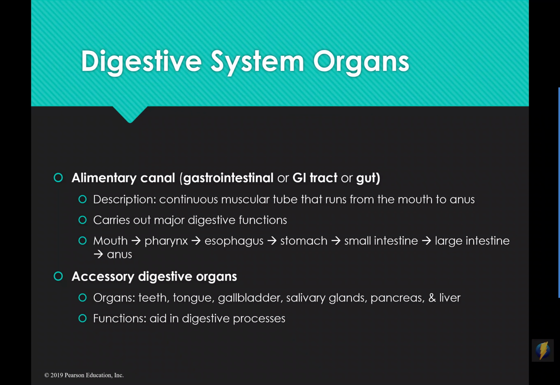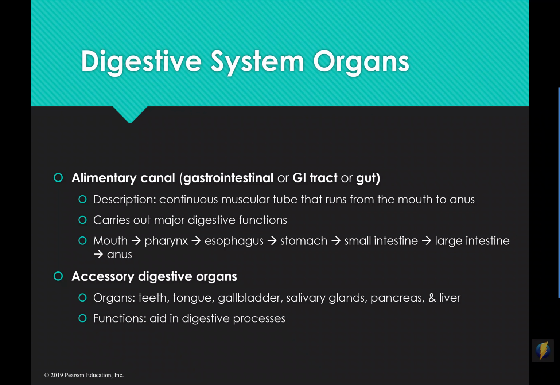So the general flow is from the mouth into the pharynx or throat, into the esophagus, then into the stomach, then into the small intestine, then into the large intestine, and then the waste is excreted out the anus.